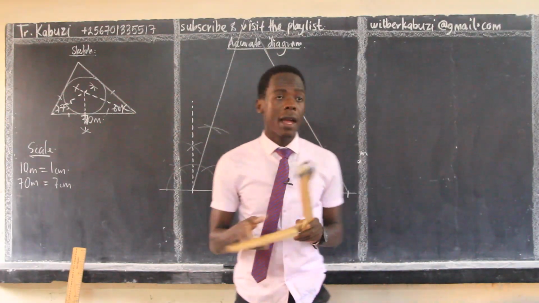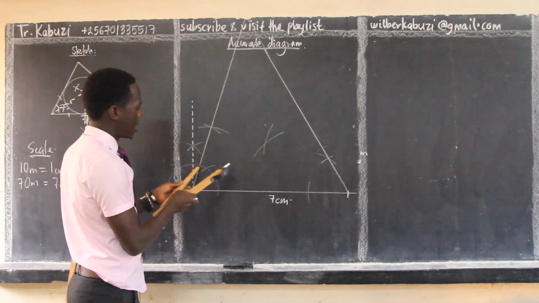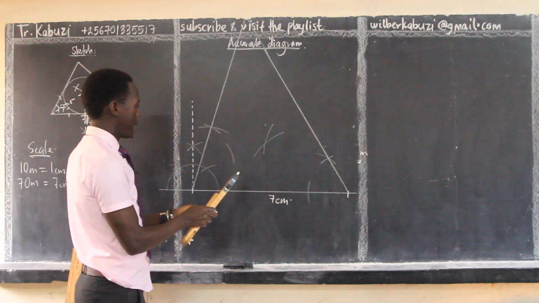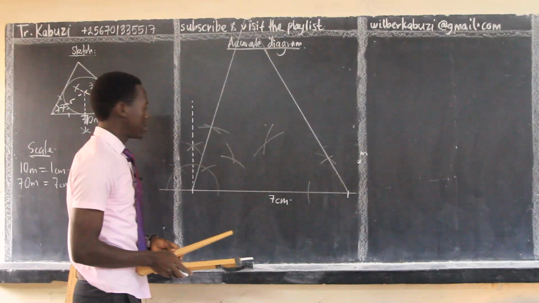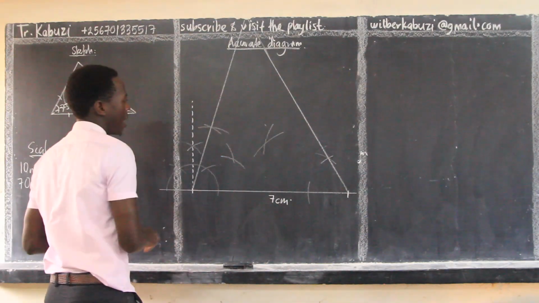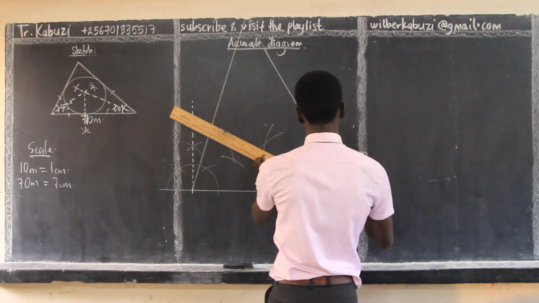Then this one also I need to bisect, also 75. Just put here, draw an arc there, put here, draw an arc there. So bisecting is the easiest. So then after you join those two, where they meet, it will be the center of our circle.